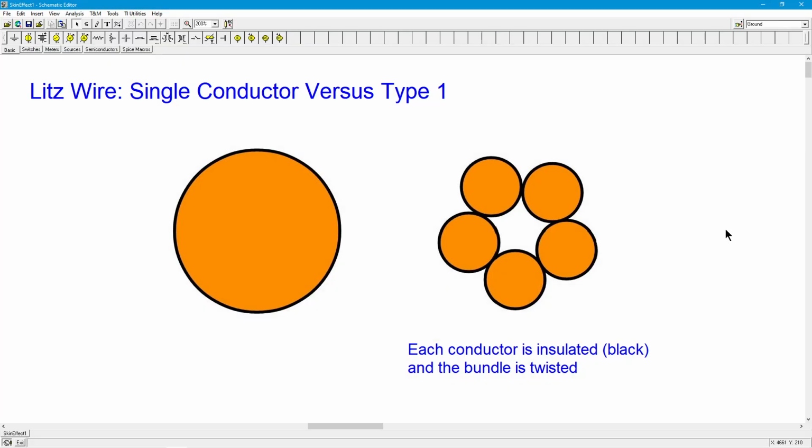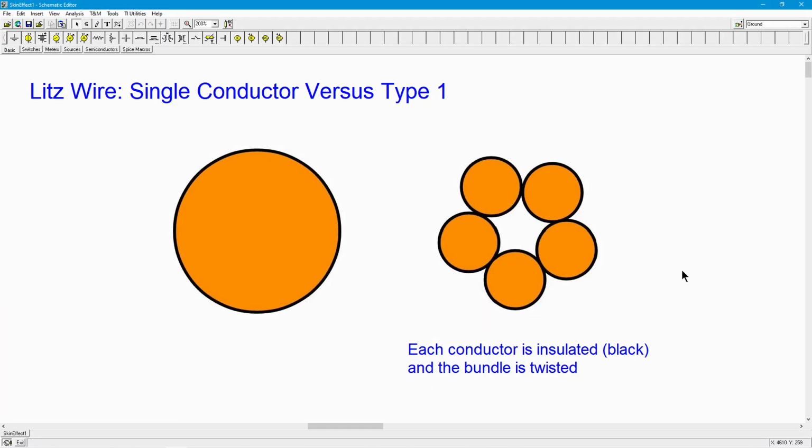So this is what's called type 1 Litz wire, right? And I can't really show it here in this little 2D illustration, but this would be twisted. So you imagine these 5 conductors twisted as it goes along, sort of barreling along like so. What's the next step?